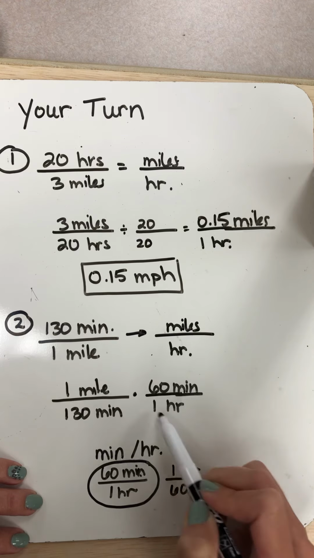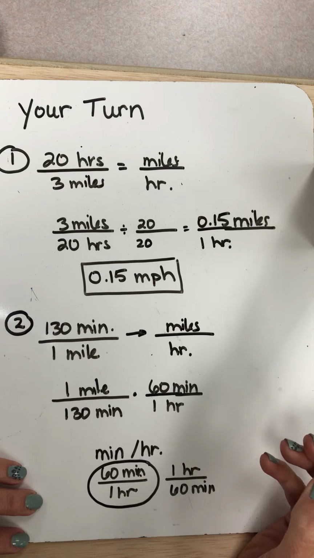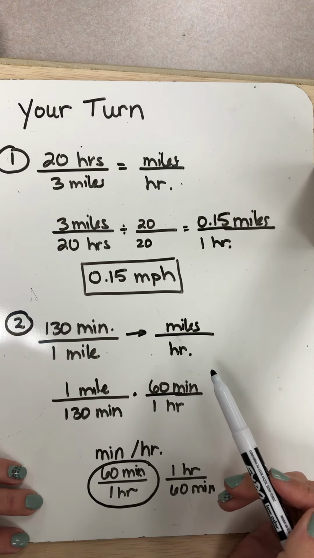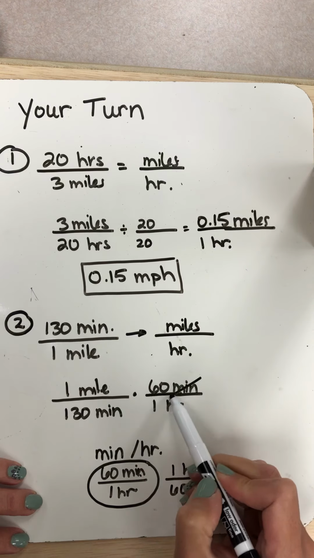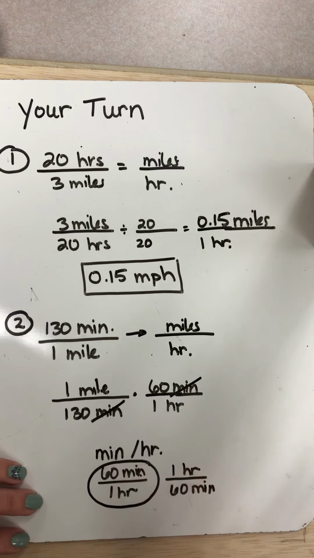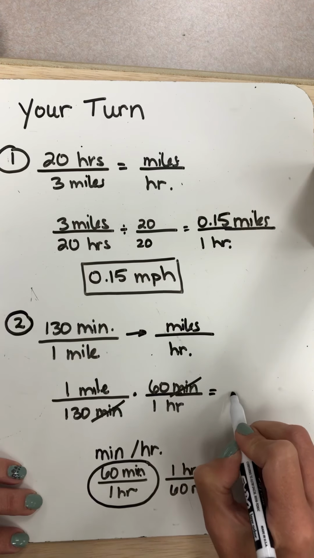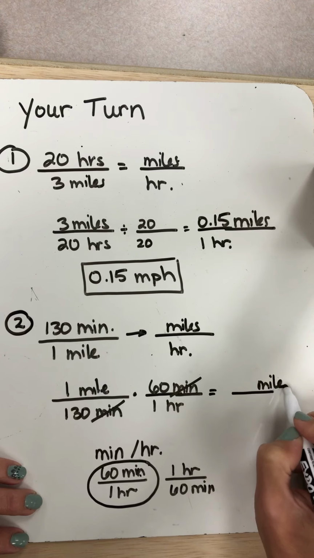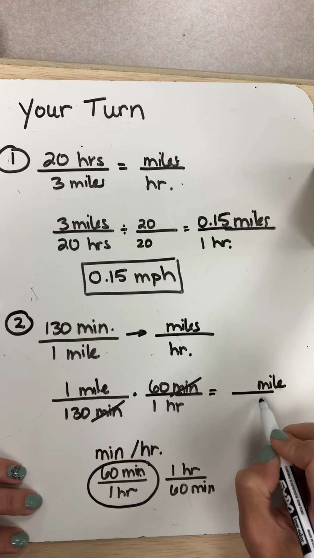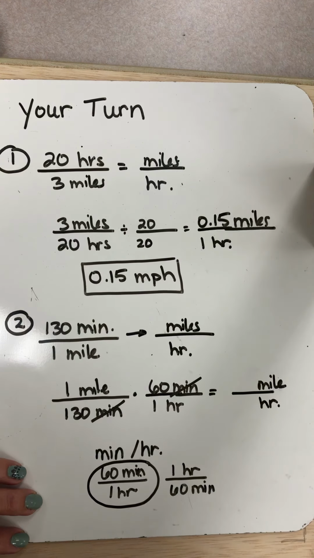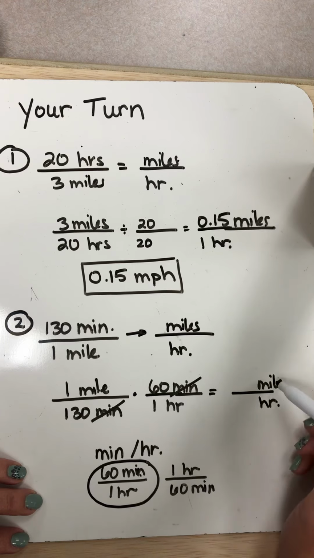Again, this is just another fancy way of saying 1. Now I'm going to cancel out my units of measure. Minutes divided by minutes, they're gone. I am left with miles on top, which is what I want, and hours on bottom, which is what I want. So my units of measure are right.